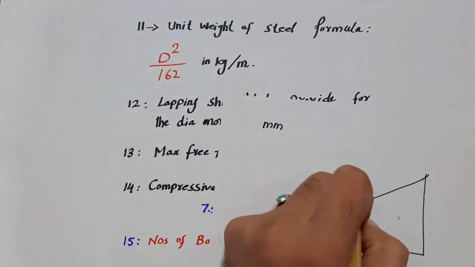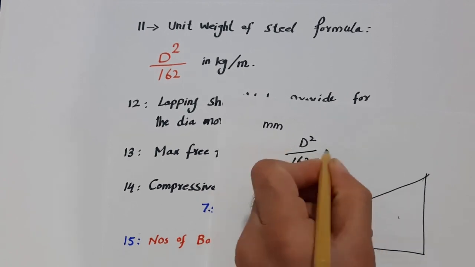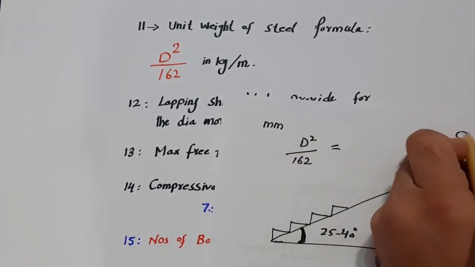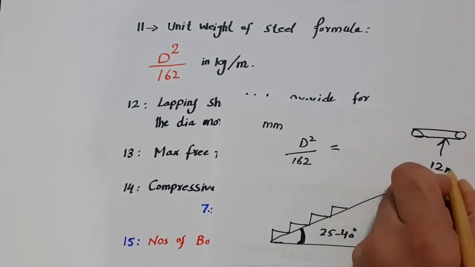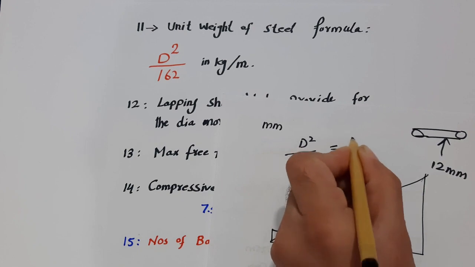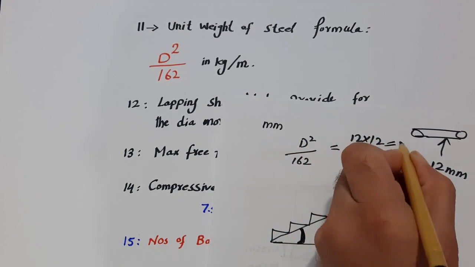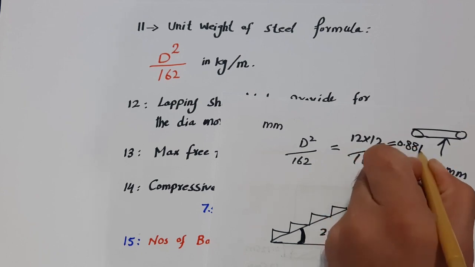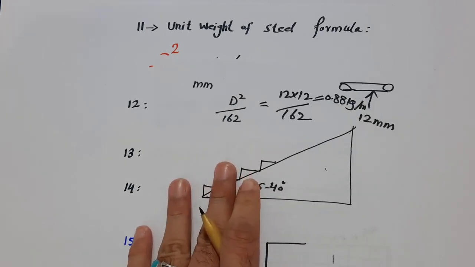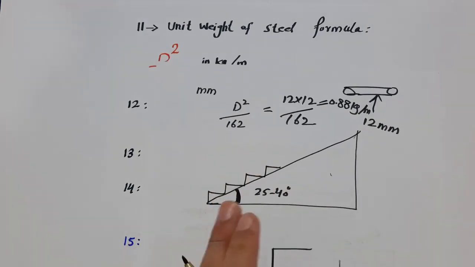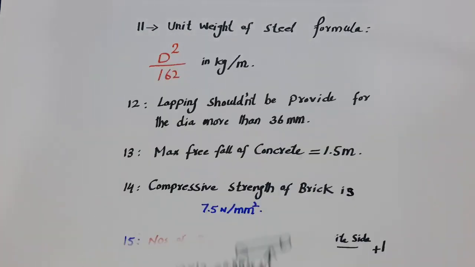For example, for a steel rod of 12 millimeter dia, the formula is 12 multiply 12 divided by 162, which becomes 0.88 kg per meter. So this is the weight of steel for 12 millimeter dia rod. With the running length you can also multiply.